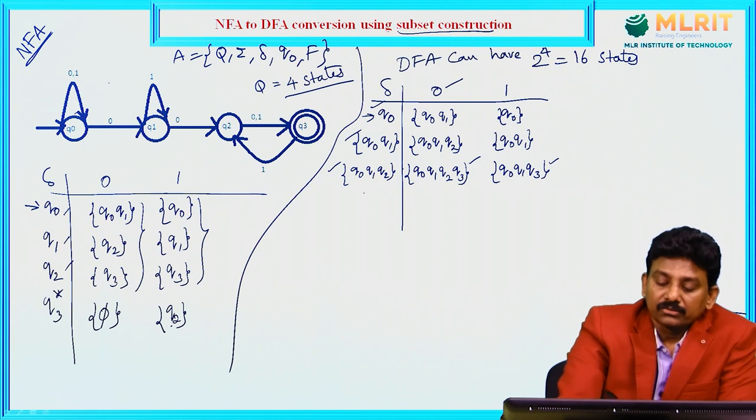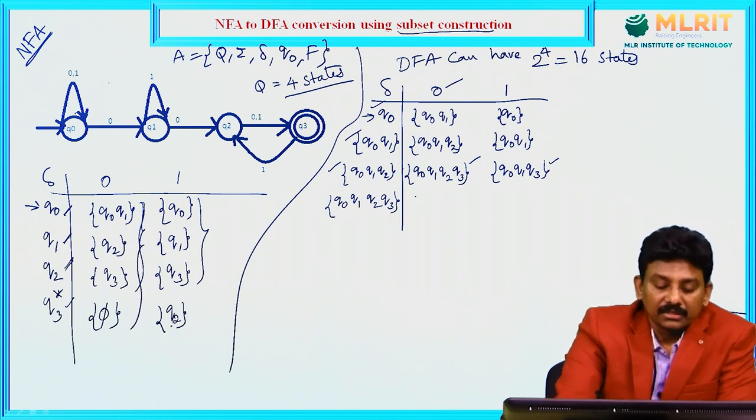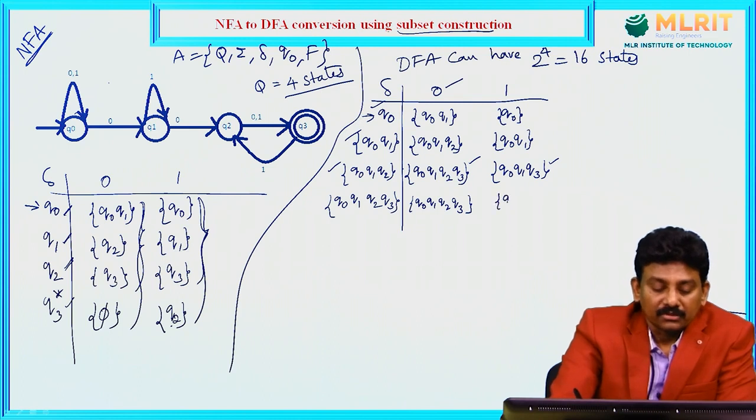Q0 Q1 Q2 Q3. So Q0 Q1 Q2 Q3 on 0, take union of these 4, we will get Q0 Q1 Q2 Q3. On 1, take union of these 4, Q0 Q1 Q2 Q3.